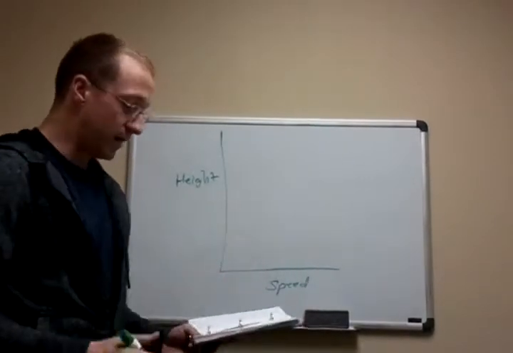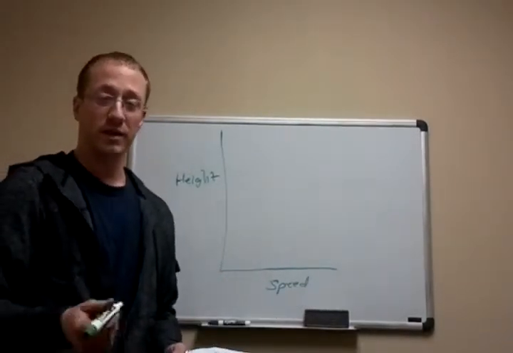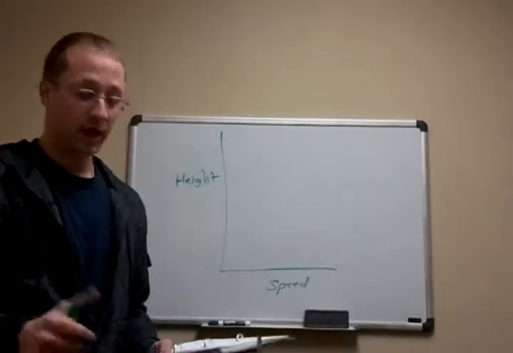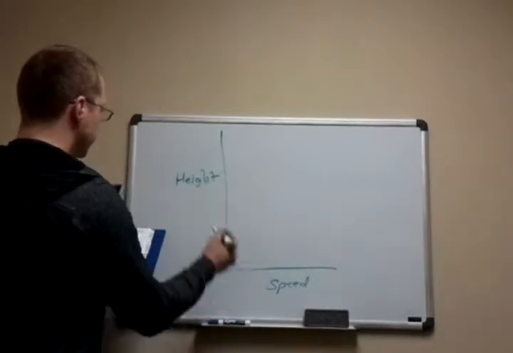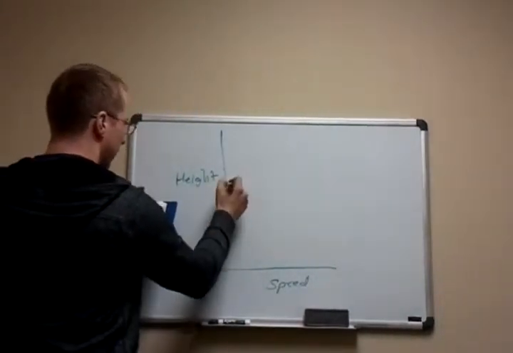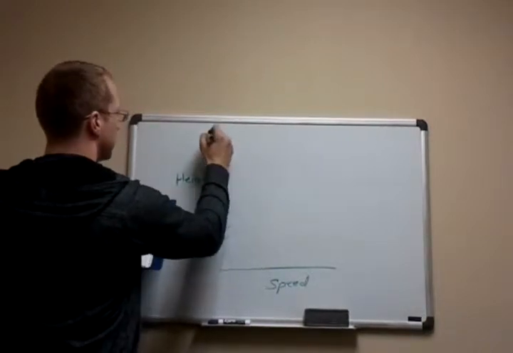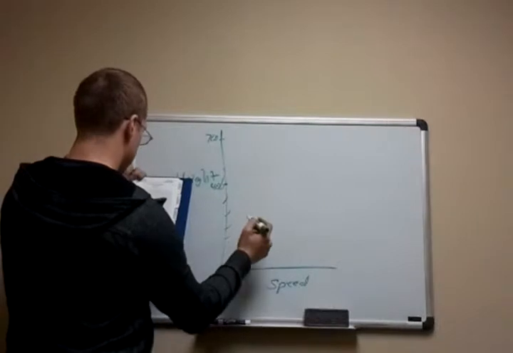The HV diagram is found in section 5-11 of your POH, and this is what it looks like. You've got your various heights down here. It's about 400 here and 700. These are two different values for the chart.